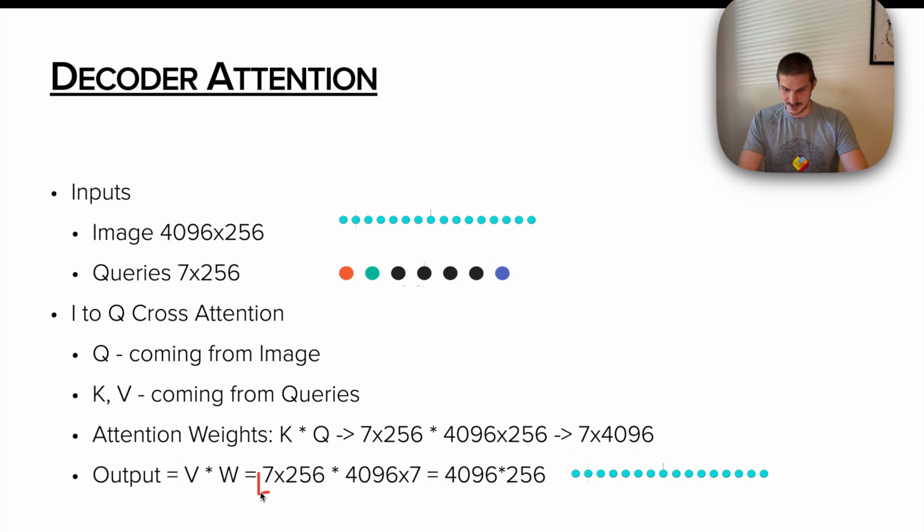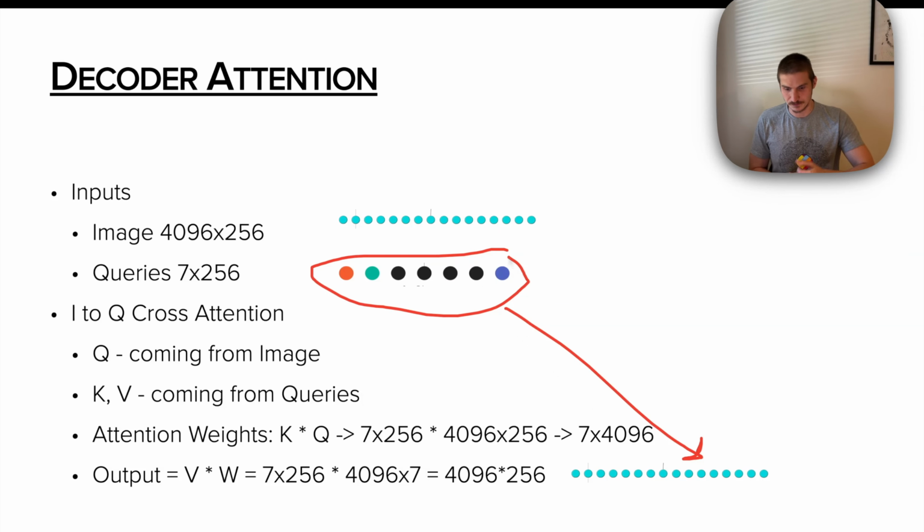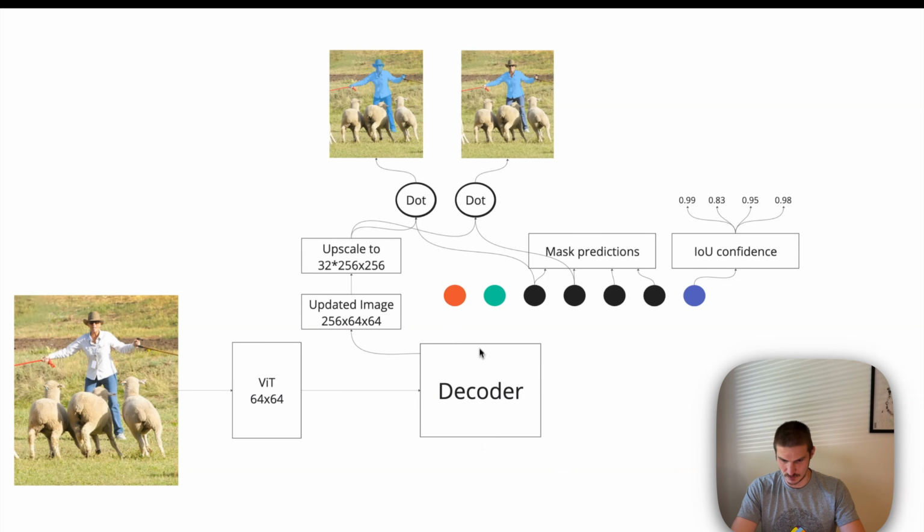So the value now has dimension 7 by 256, and so the common dimension happens to be 7 in this case. And so we get the output of this long 4k sequence, which we say is an image sequence. So this time, this image sequence output we get as a weighted sum of query token inputs. And this is how we get the actual output.